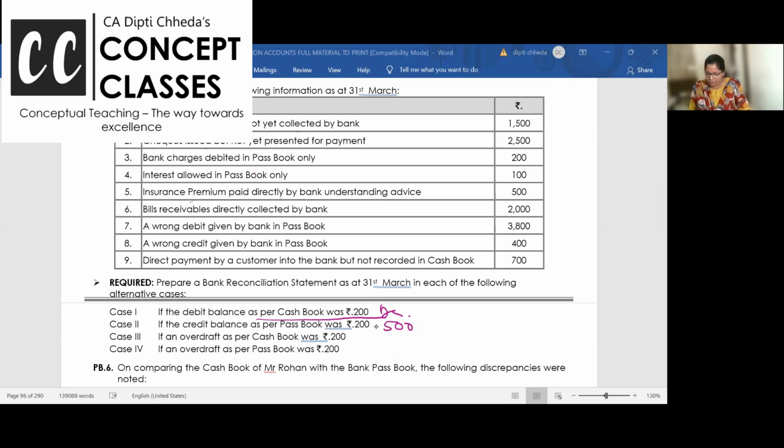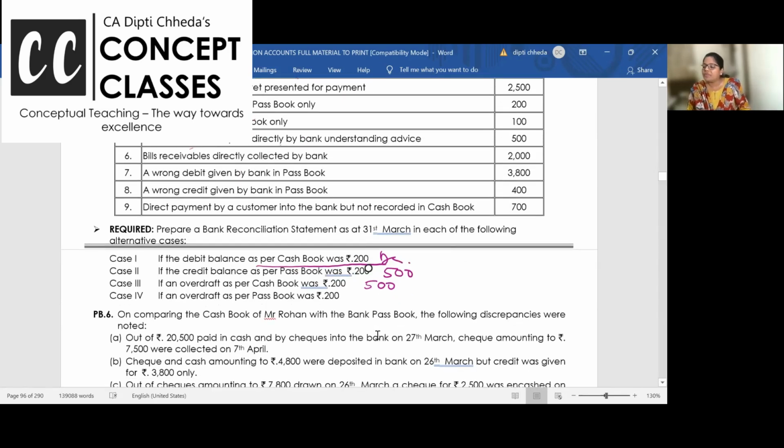500. Third option. Instead of cash book debit balance, if it is cash book credit balance, overdraft, then what should we do? 500 credit. If an overdraft as per the passbook, then what will we do? 100 balance is coming as per the cash book.